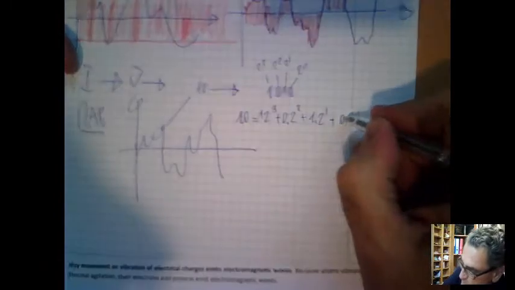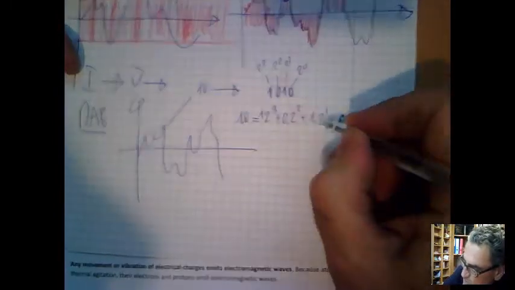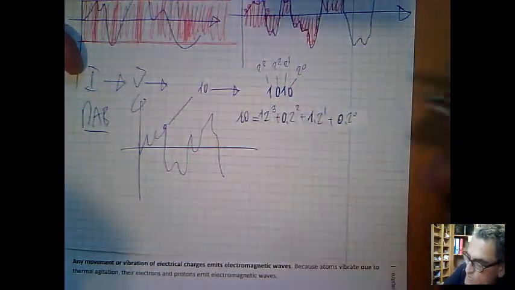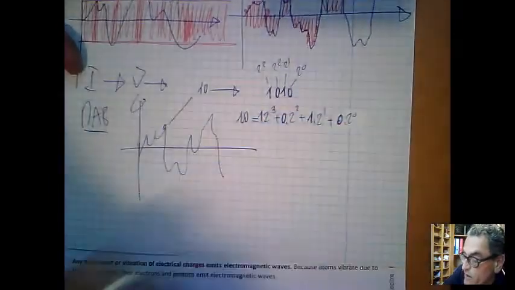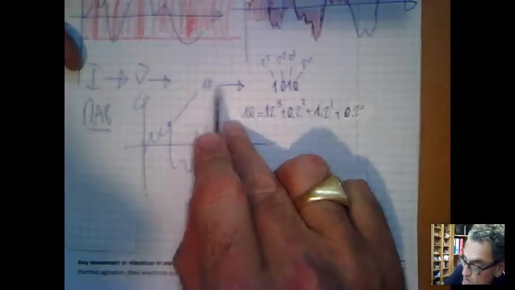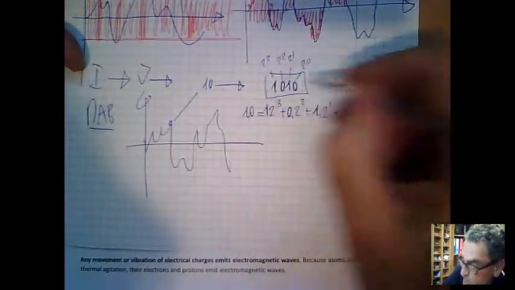So these coefficients, 1010, form your binary number. You decompose your number in powers of 2 rather than in powers of 10. So this 10, you transform it into a binary number.